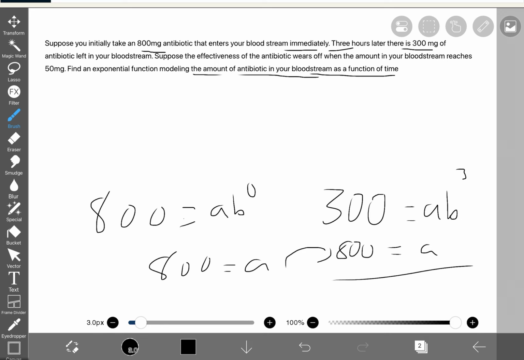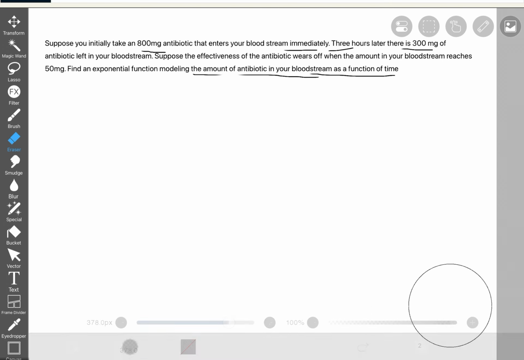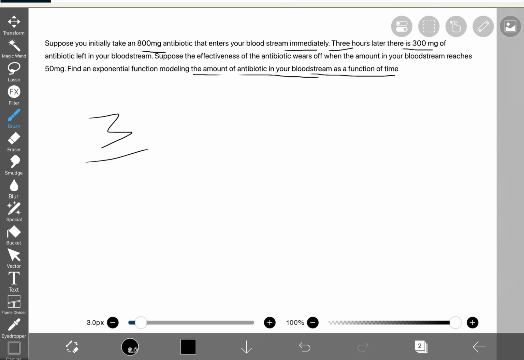So this is going to look something like 3 over 8. Simplifying, 300 divided by 800 equals, these cancel, b to the third. So 3 over 8 equals b to the third.